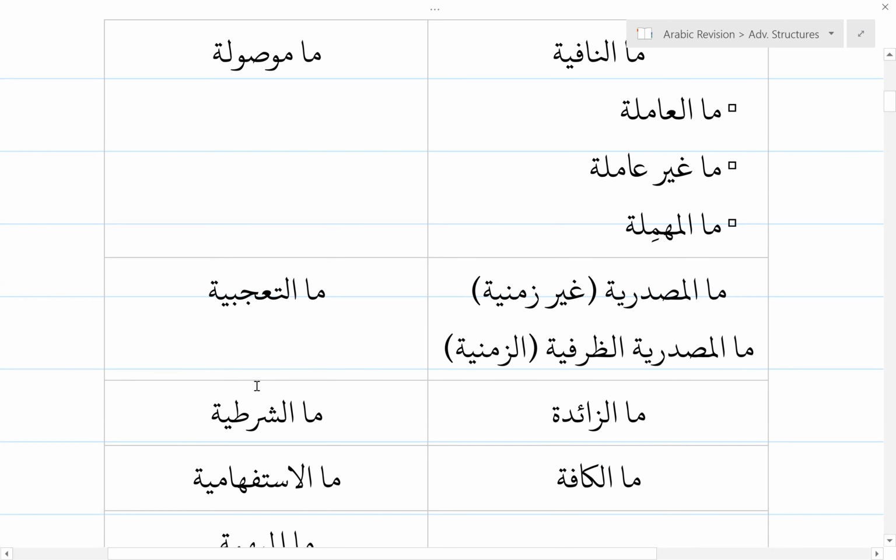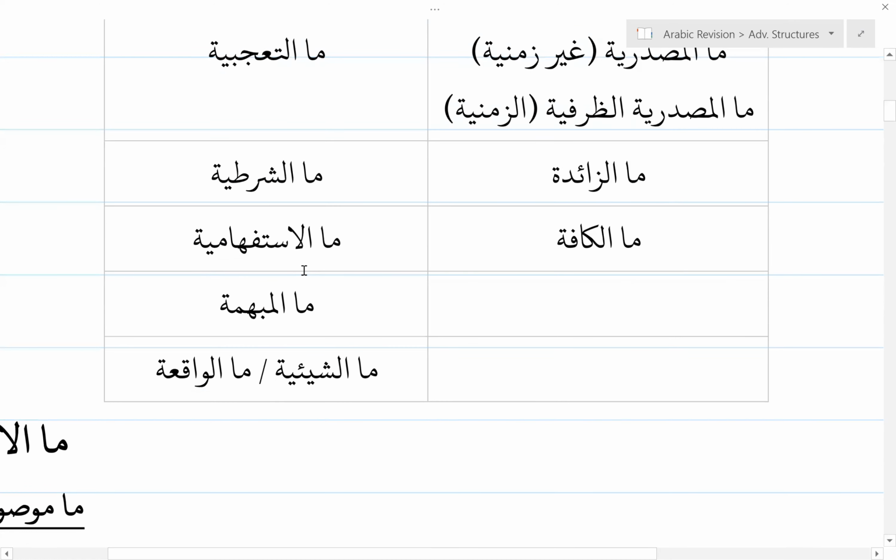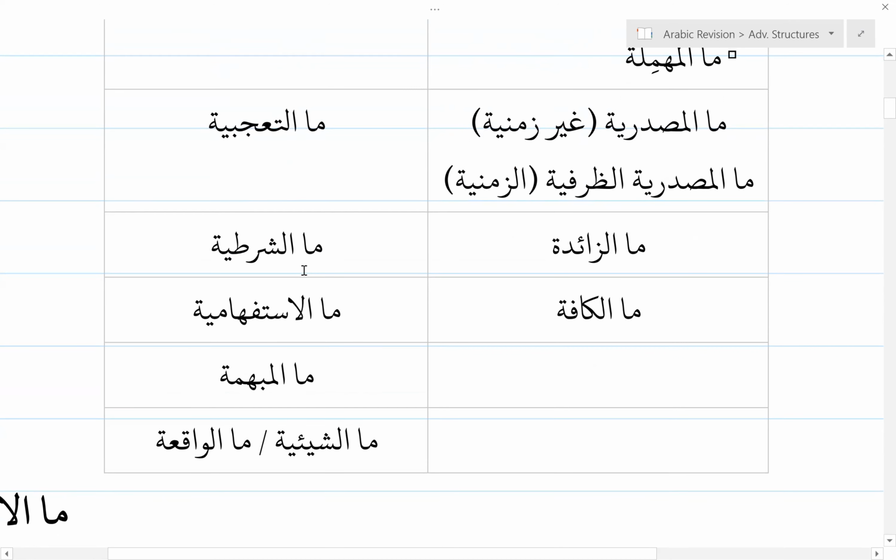So ma shartiya, we're also familiar with ma shartiya. Then ma al-istifhamiyya, this is the questioning ma, the ma of question. Yeah, so ما هذا الكتاب, ماذا تفعل, ما هو, whatever question word that you're asking. So it's an ism. So basically, in a sentence, it will be considered mubtada because it's an ism.